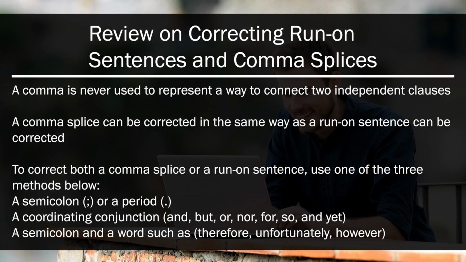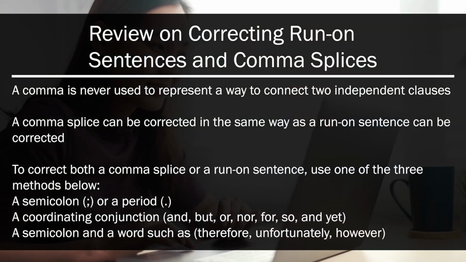A semicolon or a period, a coordinating conjunction, typically and, but, or, for, so, and yet, or a semicolon and a word such as semicolon therefore, comma, semicolon unfortunately, comma, semicolon however, comma. All of these are ways to fix your run-on sentences and or comma splices.